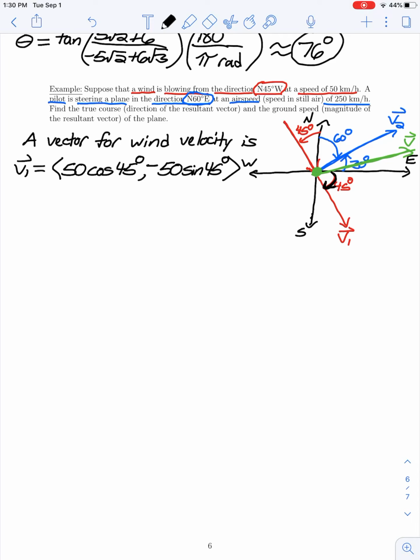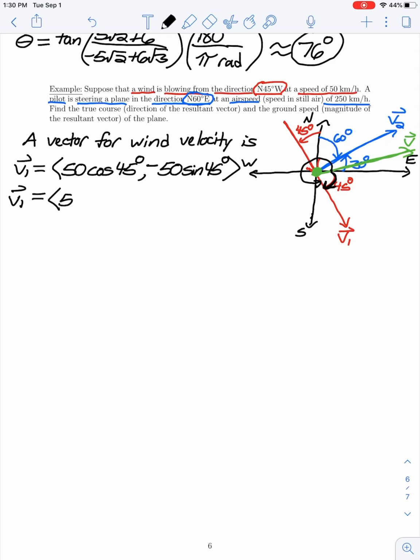Now, alternatively, you could think about what would be the corresponding angle measure that you would have to rotate counterclockwise by to get this vector. And you could use cosine and sine of that angle, and you'll end up with the same expression for these components. So let's see what we have here.